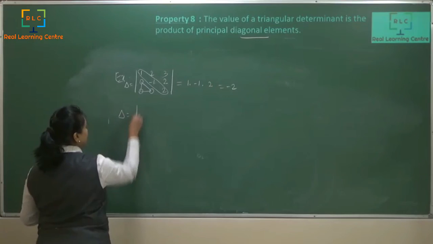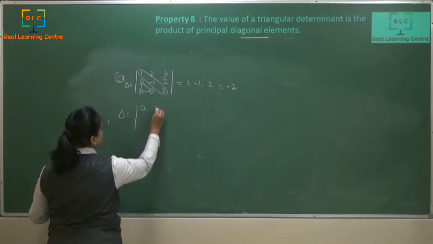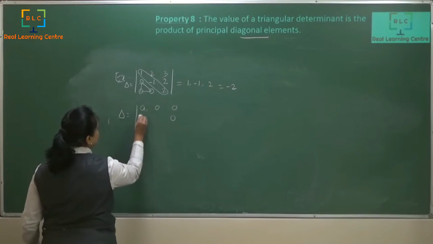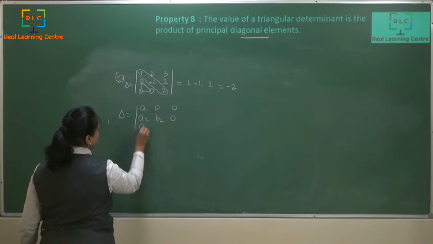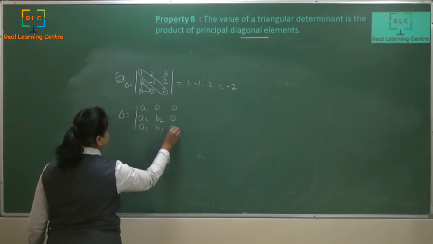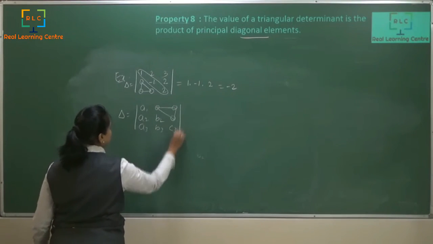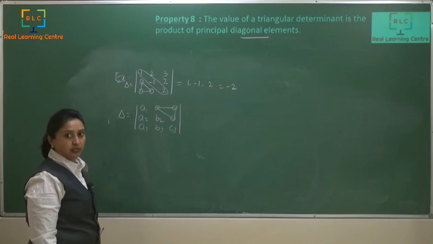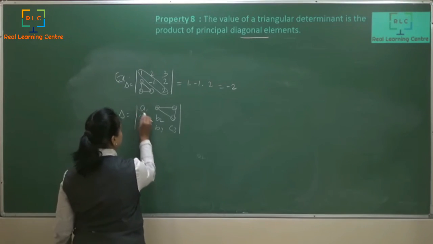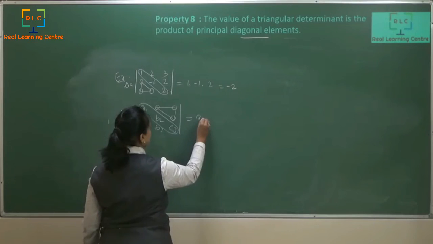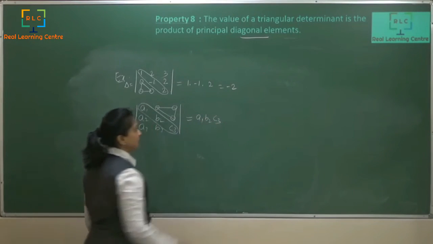See, delta is equal to, suppose you have A1, this will be 0, 0, 0, this will be A2, B2, and the third row will be A3, B3, C3. Upper triangular elements are all equal to 0. So the determinant value will be equal to the product of the PD elements. A1, B2, C3 will be the answer.